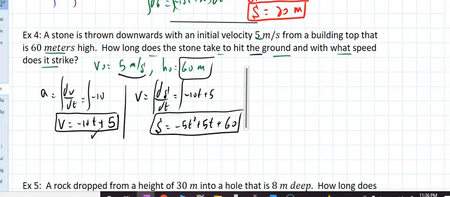Now, if I take s and set it equal to 0, that should tell me how long it stayed up in the air.